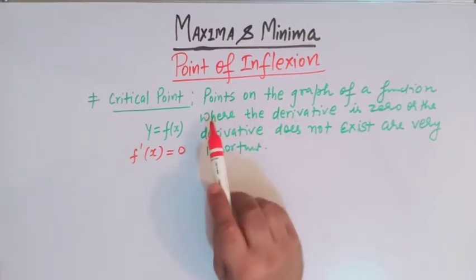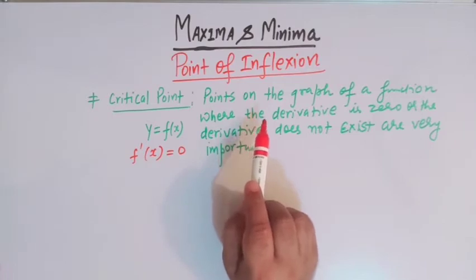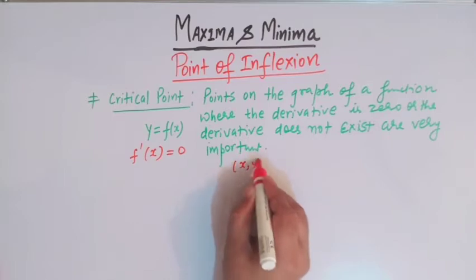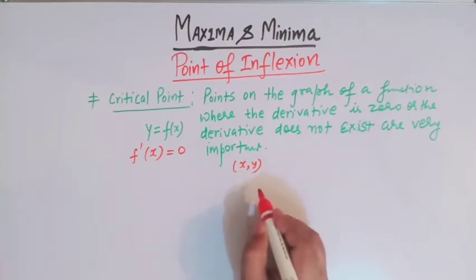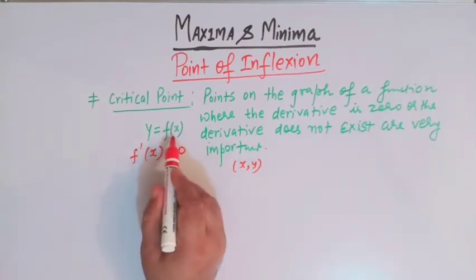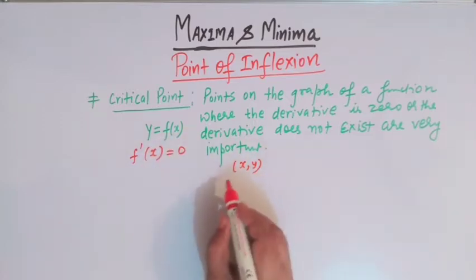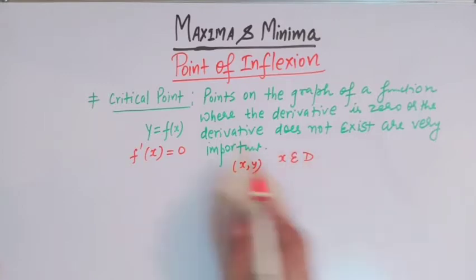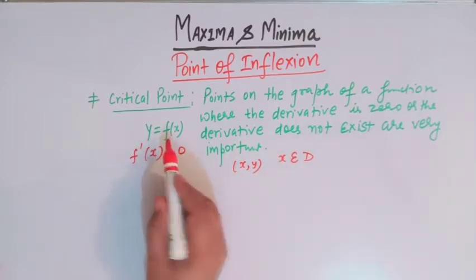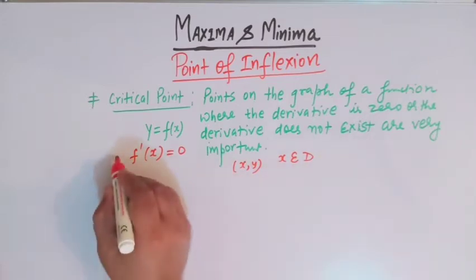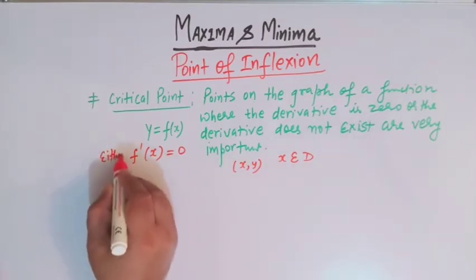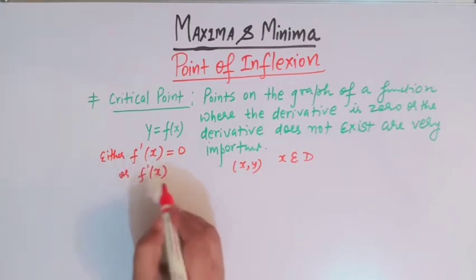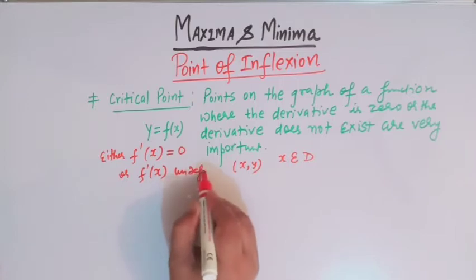Here we see that the point (x, y) is called a critical point of this function f(x) if x is in the domain, let D be the domain, and if x belongs to the domain of this function, and if either the derivative is 0 or the derivative does not exist. It means it is undefined, right?